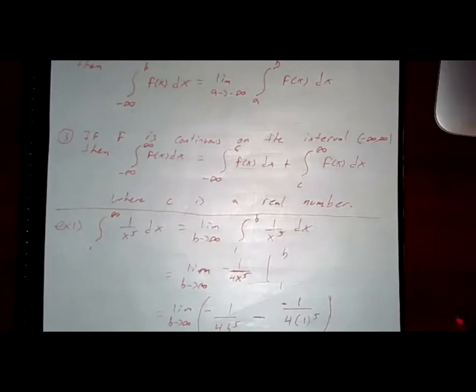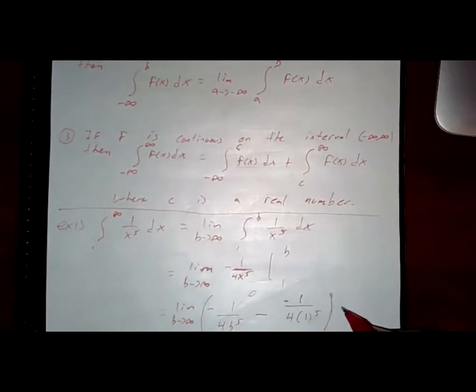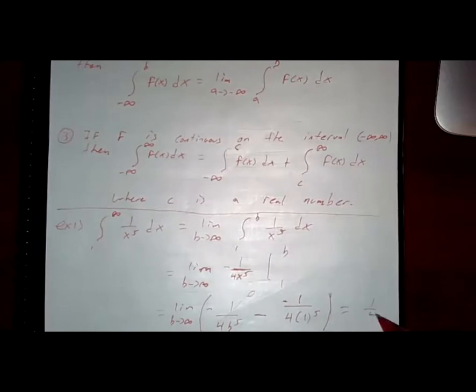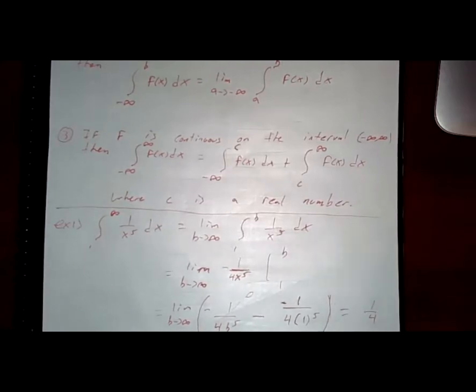When you take the limit, the first term will go to 0, right? So this will equal 1/4. Let me double check my work. I think I may have made a mistake. No, we're good.